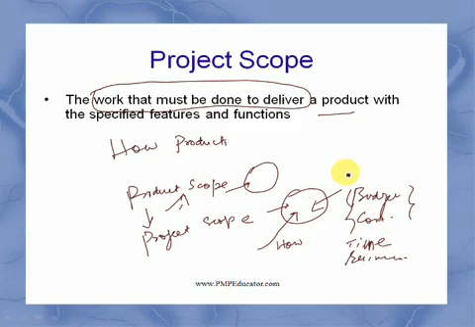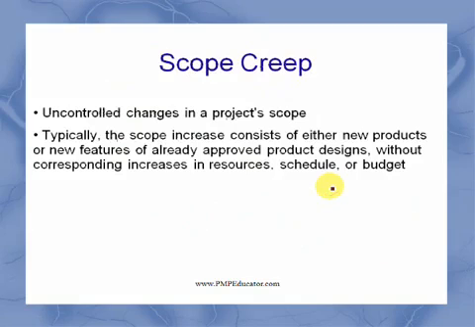You need to have certain boundaries, that you have X amount of dollars and X amount of time, and some other constraints, which are the boundary to accomplish your project and to achieve the final product.